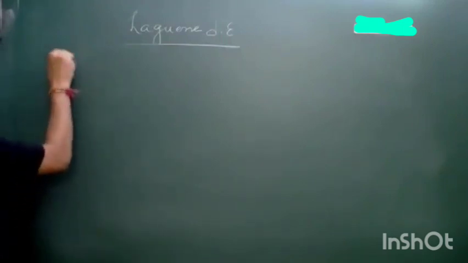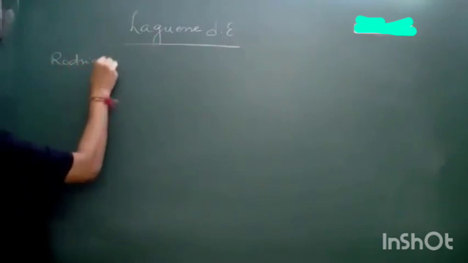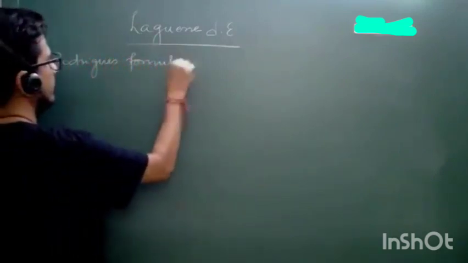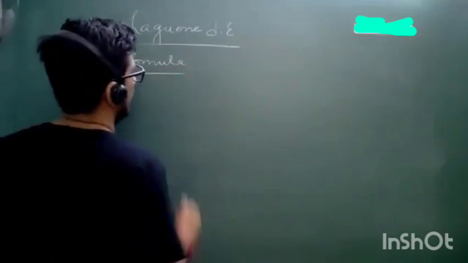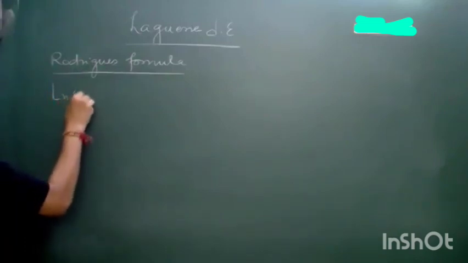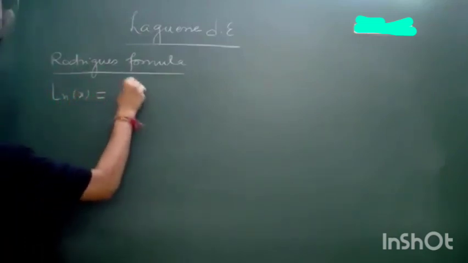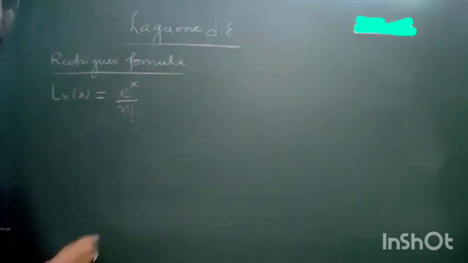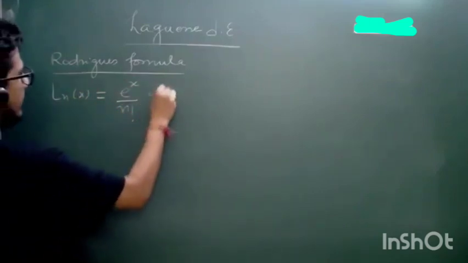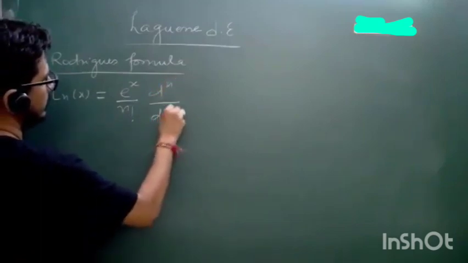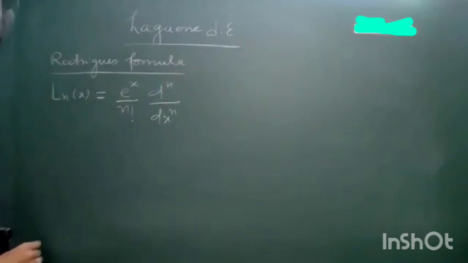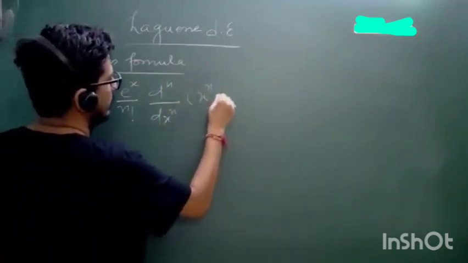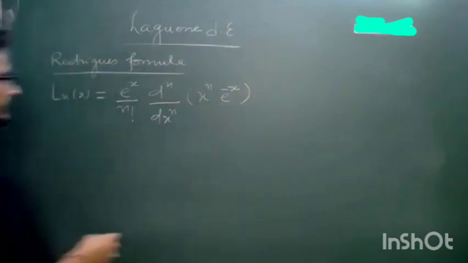And the Rodriguez formula for this is given by L_n(x) is equal to e to the power x by n factorial, d^n over dx^n of x to the power n e to the power minus x.